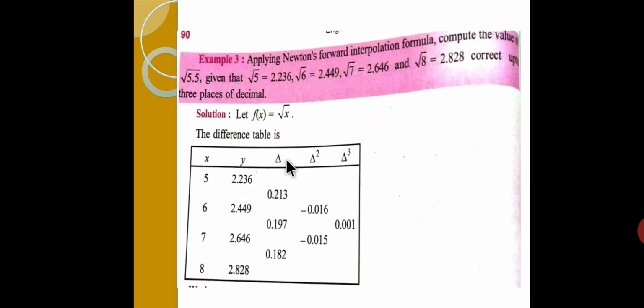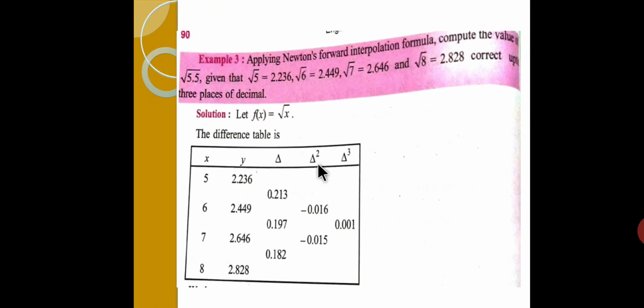The first forward differences: y1 minus y naught is 0.213, y2 minus y1 is 0.197, and 2.828 minus 2.646 is 0.182. Then 0.197 minus 0.213 is minus 0.016, and 0.182 minus 0.197 is minus 0.015.